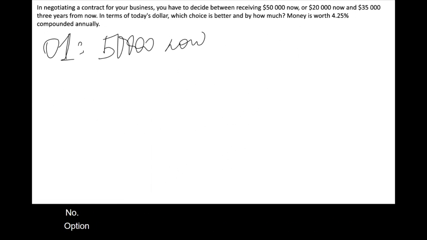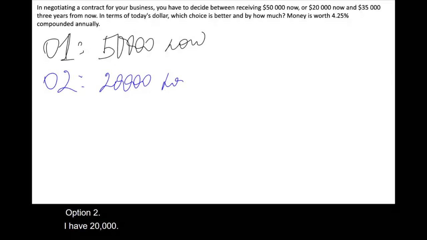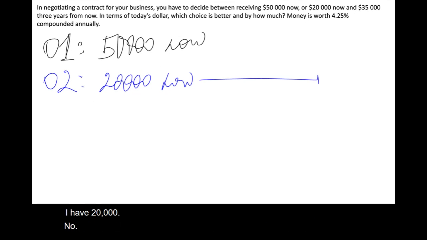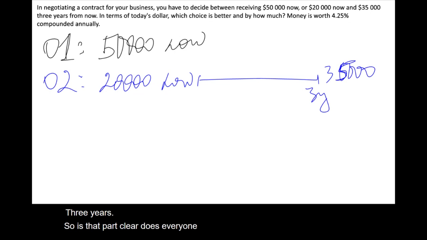Option 2, 20,000 now and 35,000 in 3 years. Does everyone understand?